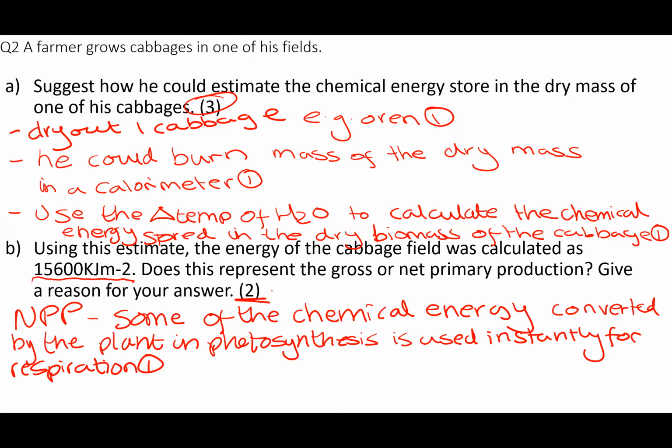So to get your second mark, well, why does weighing it then not work? So therefore, it does not get stored, and this is the important part that most people miss, it does not get stored as the biomass of the cabbage.